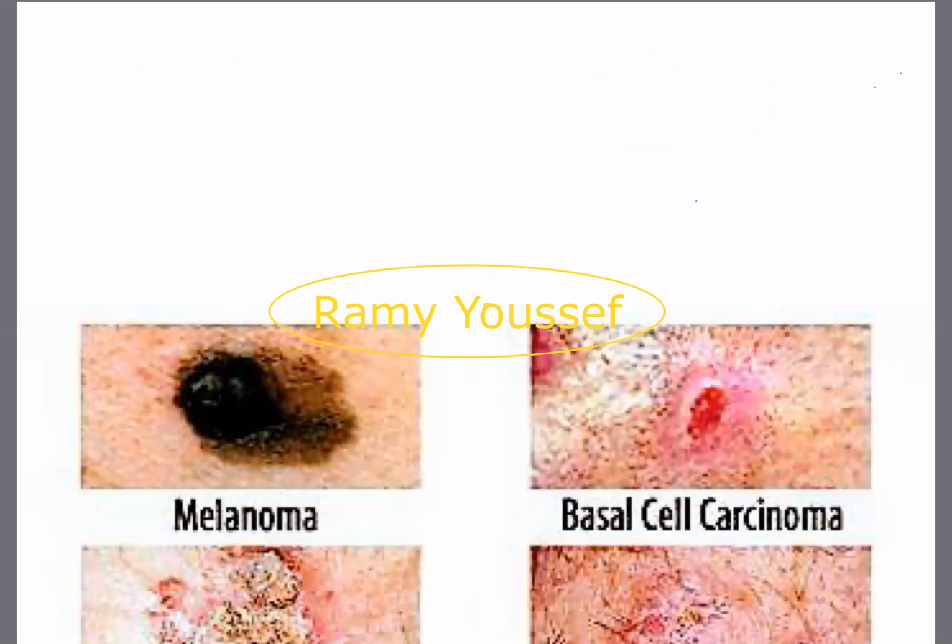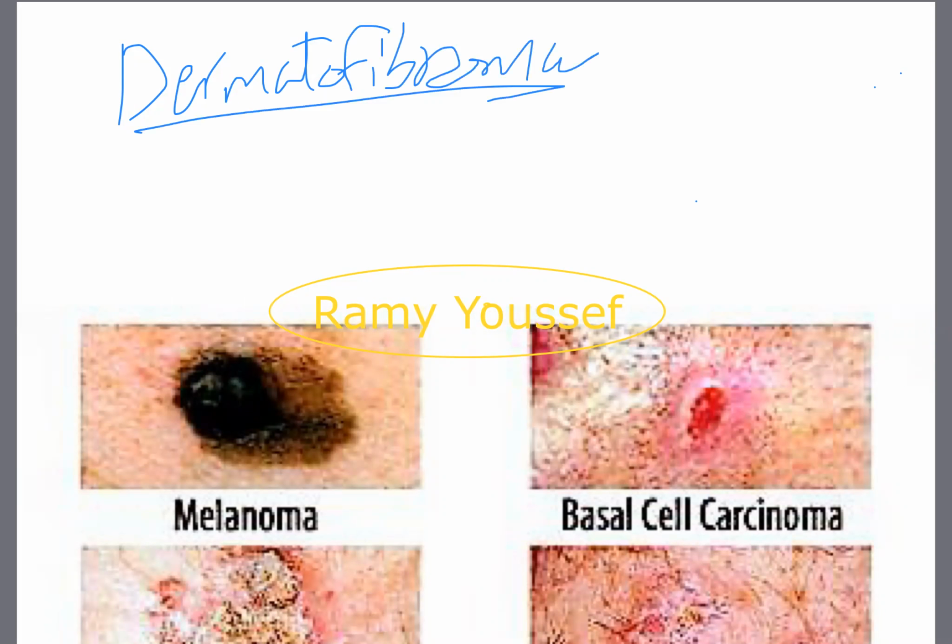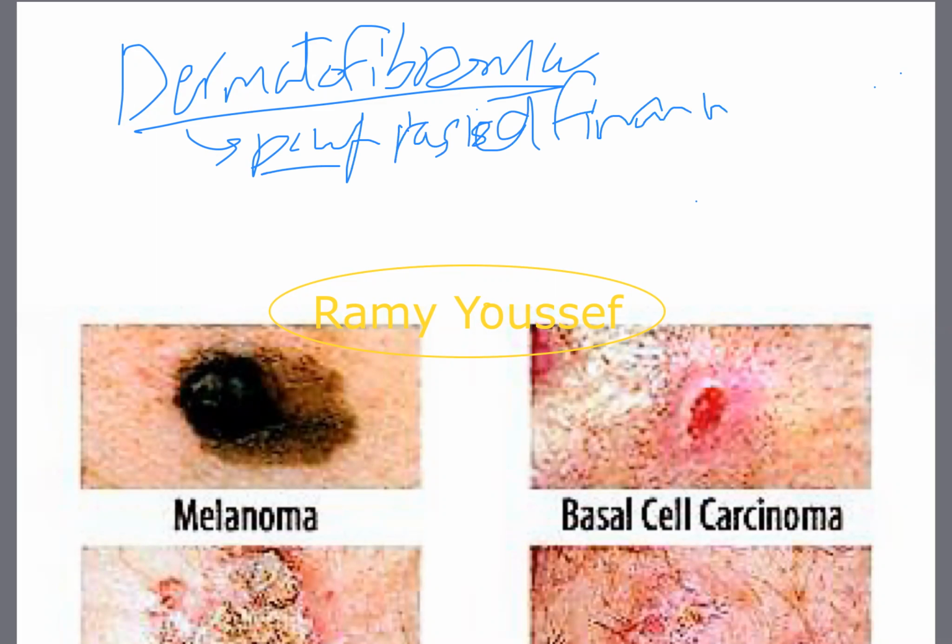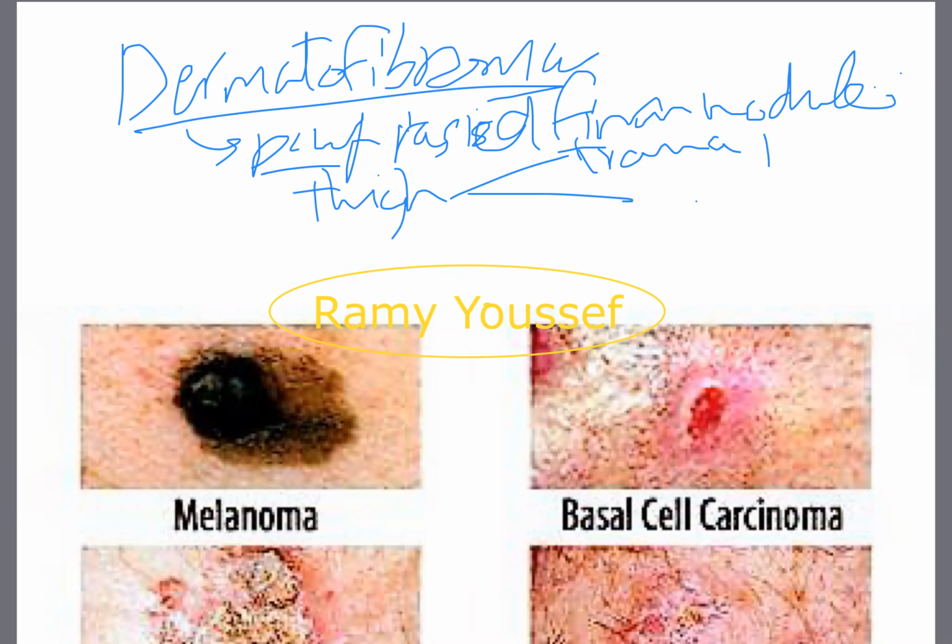The other one is dermatofibroma, a slightly painful, raised, firm nodule, mostly on the thigh, preceded by trauma like a pinprick or an insect bite.